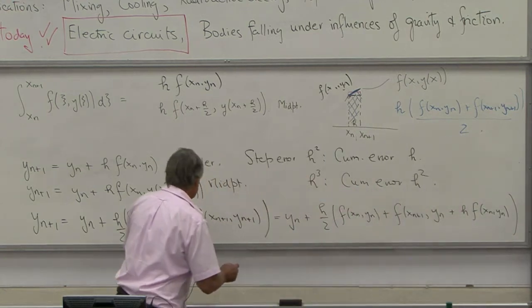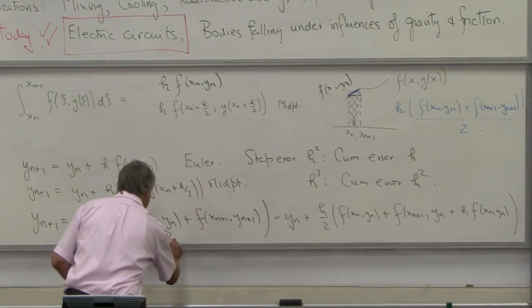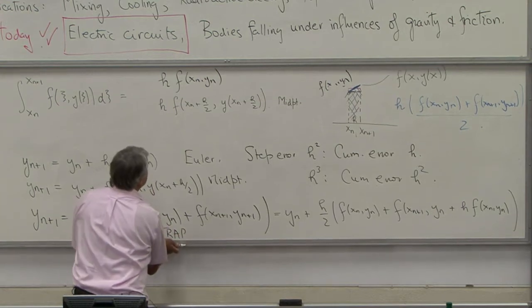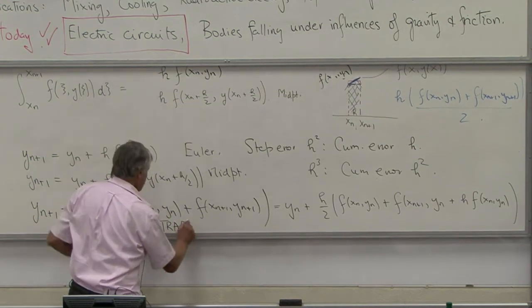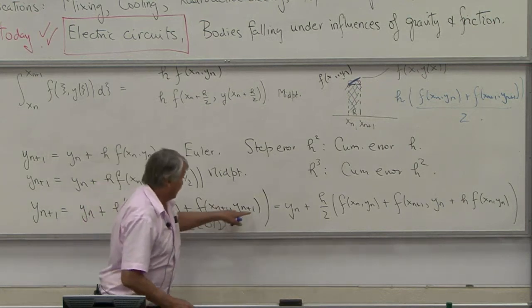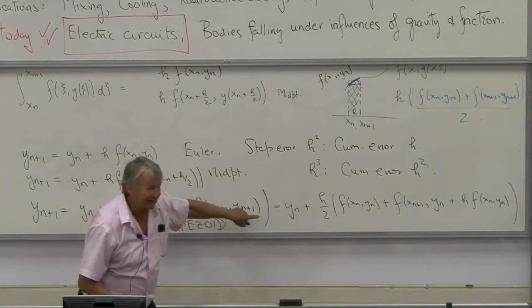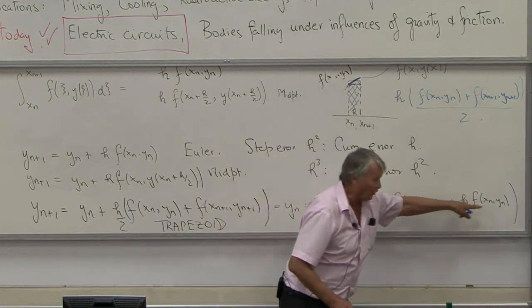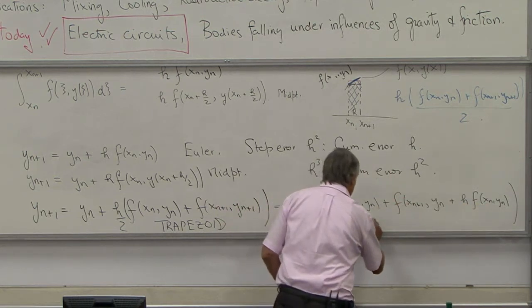This is called trapezoid. And when you take out that y_{n+1} and put it in terms of y_n, this is called improved Euler.